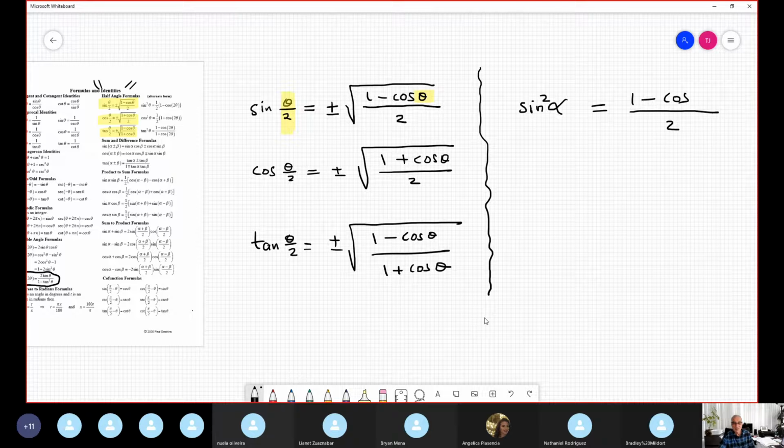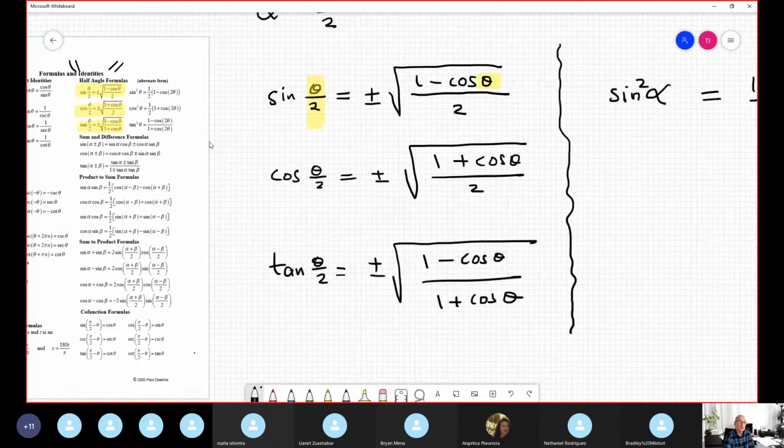Suppose alpha is here, and this is 2 alpha. In the cheat sheet it's called theta, exactly the same, but you are doing a substitution. Suppose alpha is theta over 2. You put alpha here, and this is the double angle. That's another way to express the same formulas, the half angle formula, alternative form.